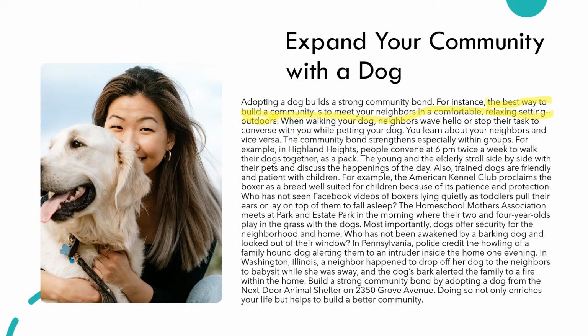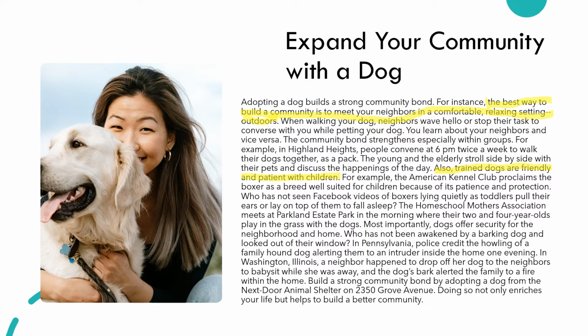Then the author discusses how a trained dog is actually good for children. How did we know this? Well, the author used transitional words and phrases to give us clues. Also is a transitional word. The sentence moves from one point to another, and these are the major points of the paragraph.